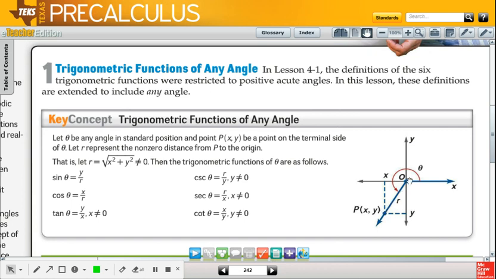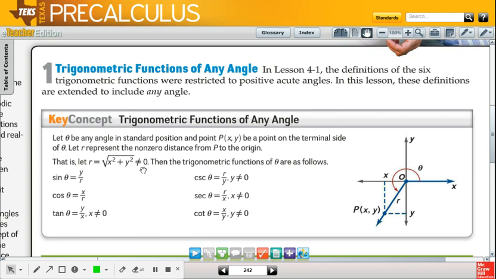Or from origin to point P is also represented again by R, which is usually known as the radius, and you will see why I'm using the word radius when it comes to the unit circle. Now continuing with the concept, it says let R equal to the square root of x squared plus y squared while not equal to 0.